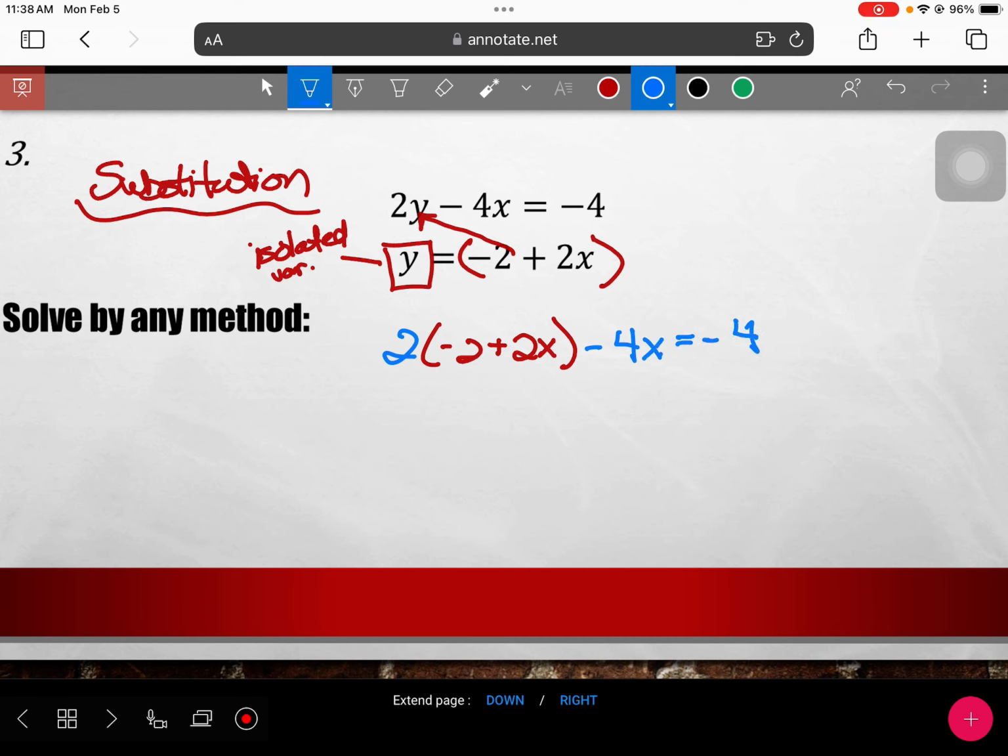When you substitute that in place of the one variable, then you're only dealing with one variable, and you can solve for that variable. So we need to distribute. 2 times -2 is -4, and 2 times 2x is 4x, minus 4x equals -4. Ooh, what do I do here? What's going on here?